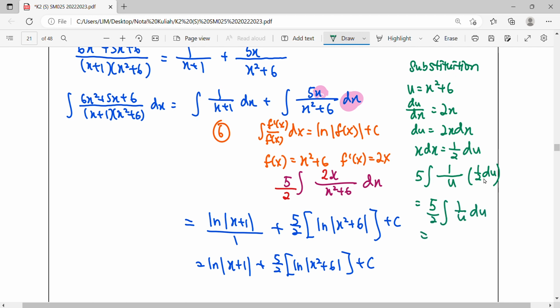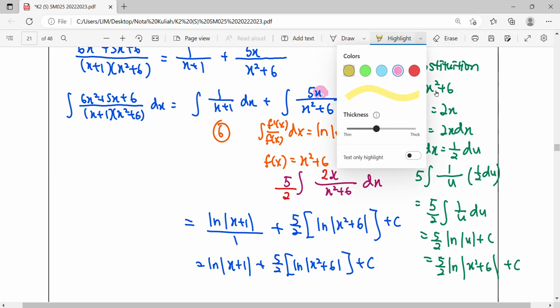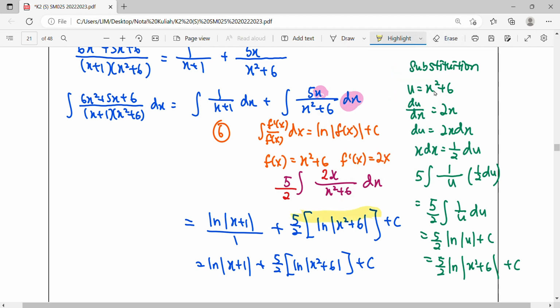Finally, integrating 1 over u gives ln u. Lastly, we substitute back our term u, which is represented by x squared plus 6. So it will give you the same answer here, 5 over 2 ln modulus of x squared plus 6.